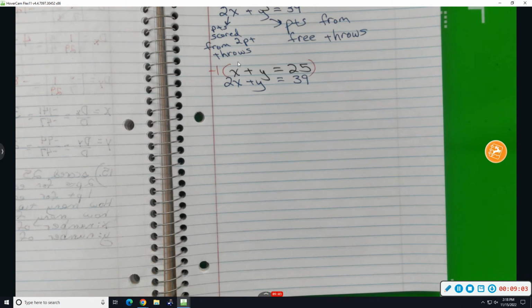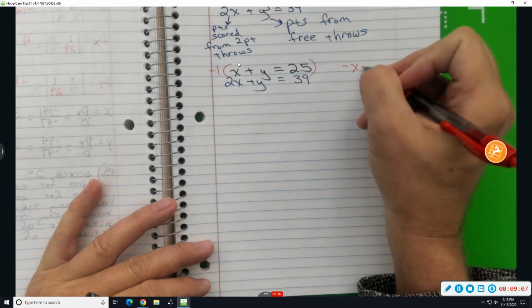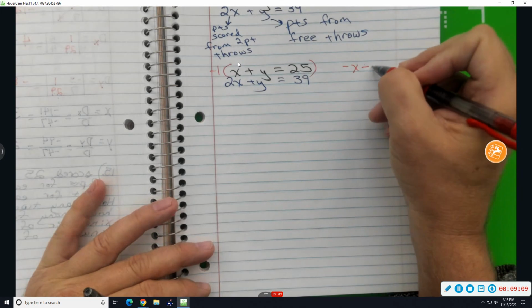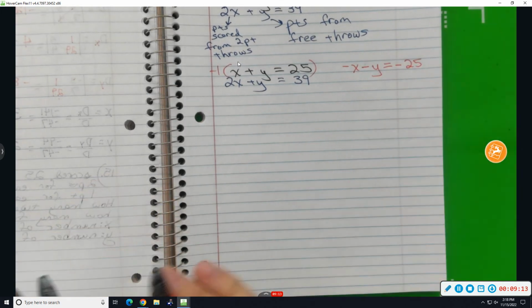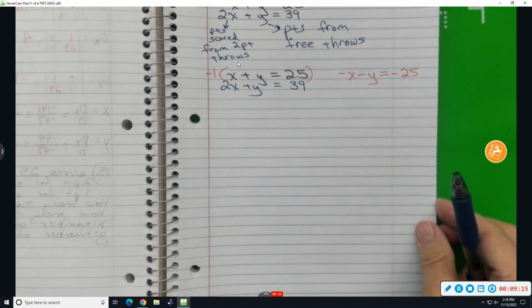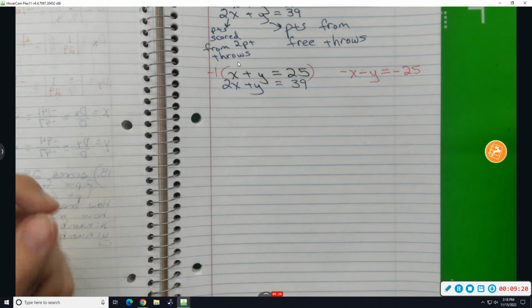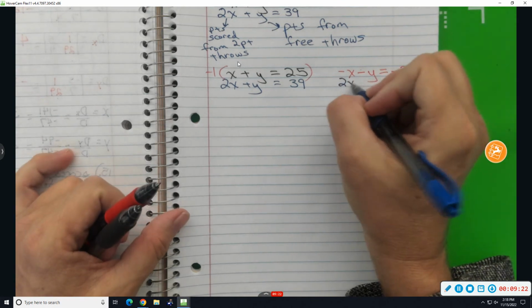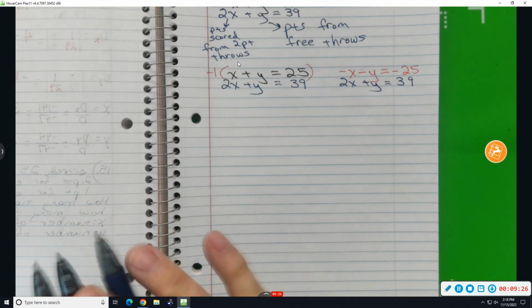So that new equation becomes negative 1x minus 1y equals negative 25. So then we can add that to 2x plus y equals 39, so that we can get x equals 14.